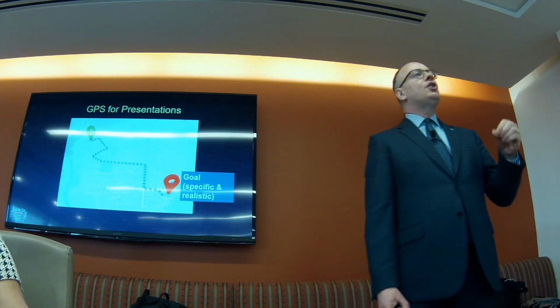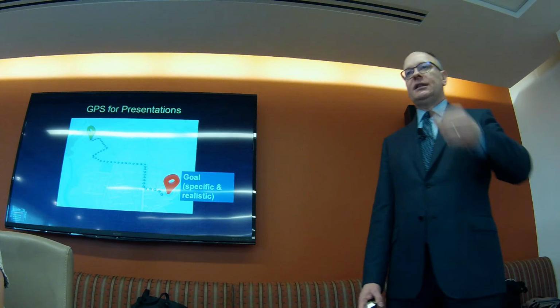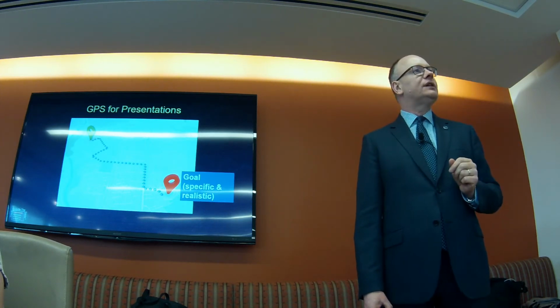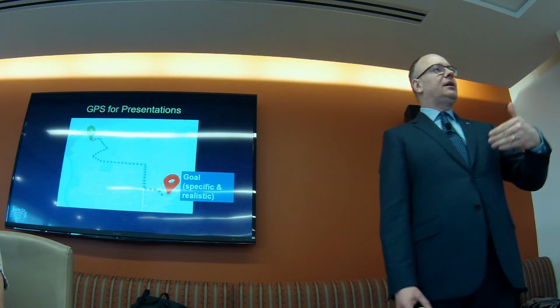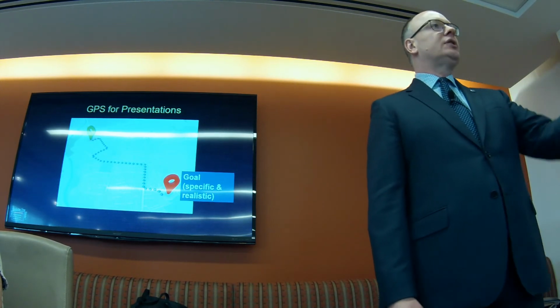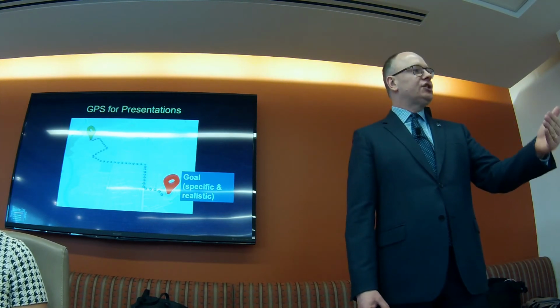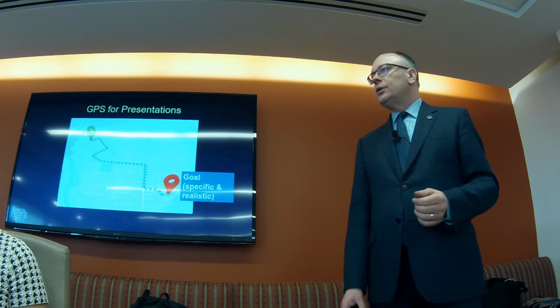Second test, is it realistic? Can we actually achieve it in the time that we have, with the people that we have in the room, and the context or situation that we have? For example, if you're going to the board and asking them to approve a proposal, but you don't have the right people in the room to actually sign on the dotted line, it's not a realistic goal.